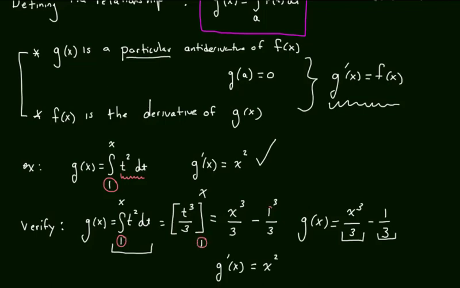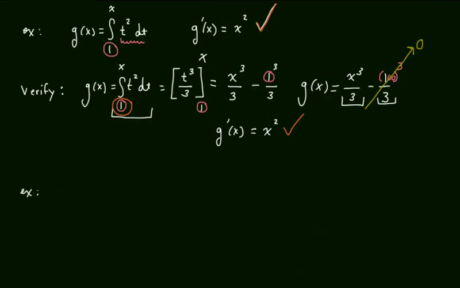That would make this 100, and then that would make this 100 to the power of 3. But even if that were so, even if that was 100 to the power of 3, the derivative of this constant term would still be 0. And in the end, I verify that g prime of x is simply x squared. Cha-ching, cha-ching. No matter what this value is.